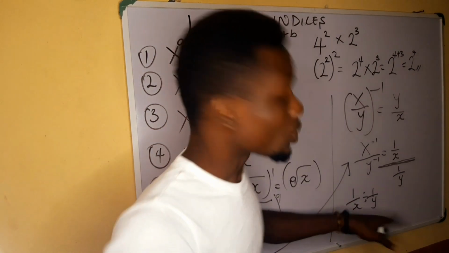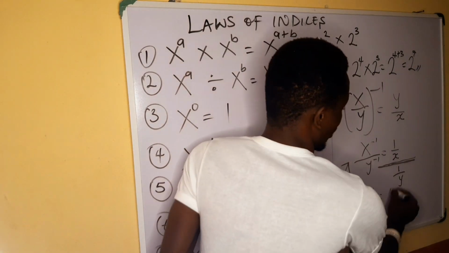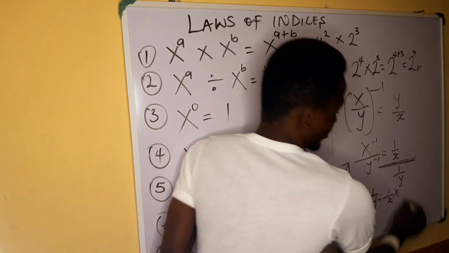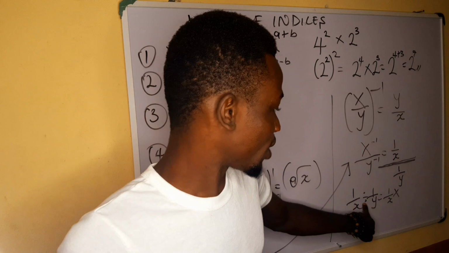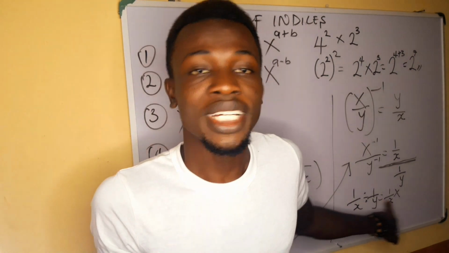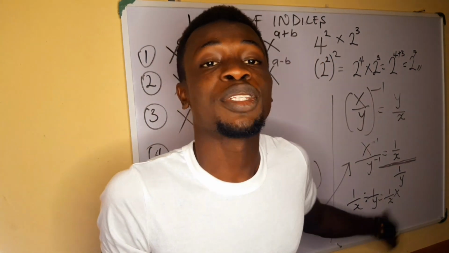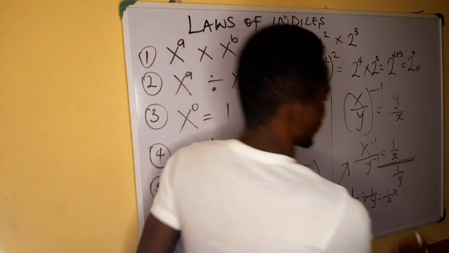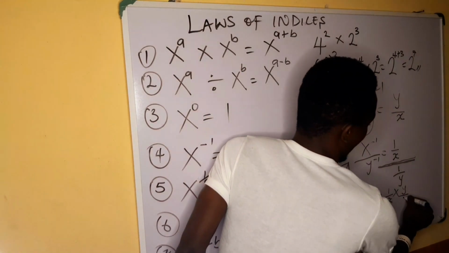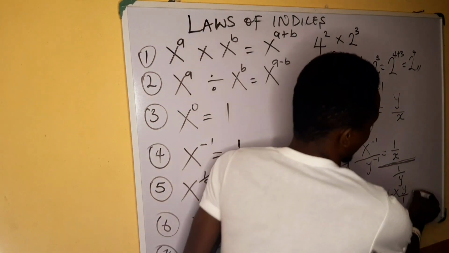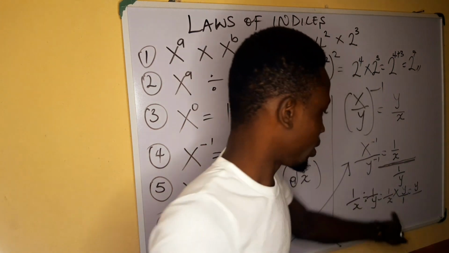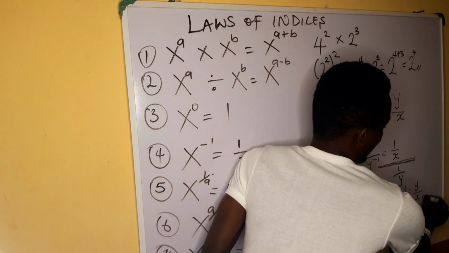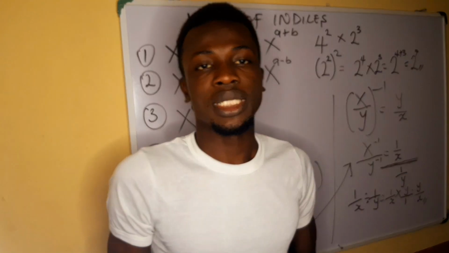The division will now change to multiplication. We have 1 over x times, when you change a fraction's division to multiplication, the fraction on the right, the denominator will come up and the numerator will go down. So it's going to be y over 1. So 1 times y gives us y, and x times 1 gives us x, giving us back what we have here.